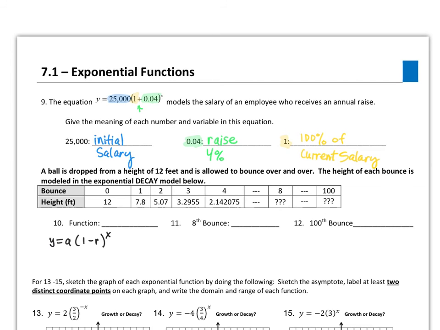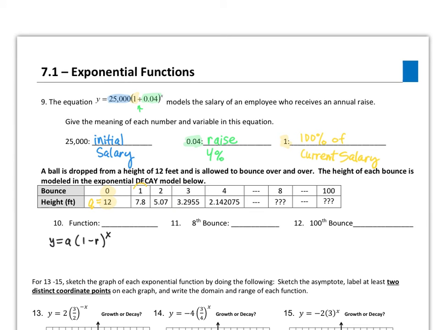Okay, so do we have ordered pairs? Do we have a y and an x? Yes, we do. Do we have an a? Yes, we do. You just might not realize what it is. A is what you started with. Where are they starting? They're starting at a height of 12 feet. How do I know? Bounce 0. Okay, so right now I know A is your 12.